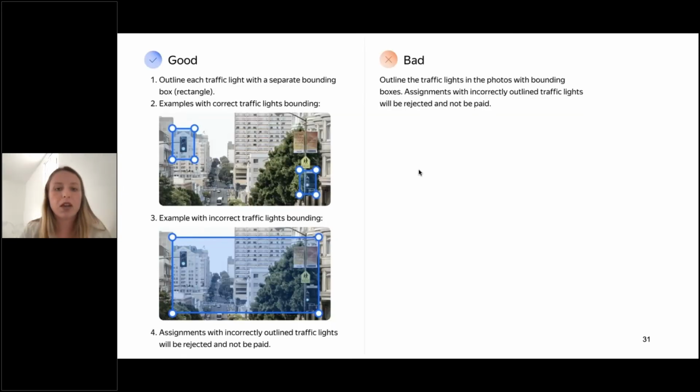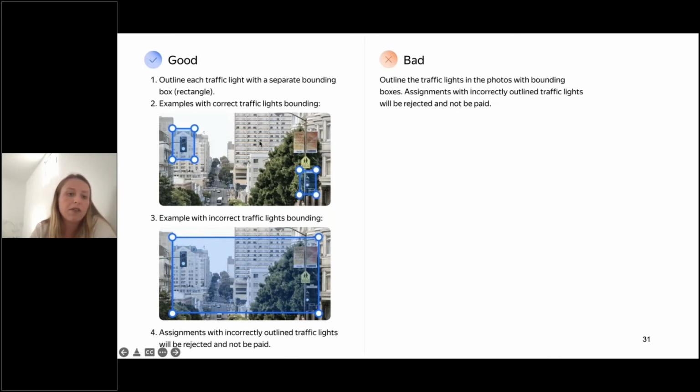Here on the right-hand side, you can see an example of bad instructions, and on the left-hand side, you can see an example of pretty good instructions. So why is the right-hand side bad? For example, it tells the performer that assignments that are labeled incorrectly will not be accepted. But there are no examples of what means bad and what means good.